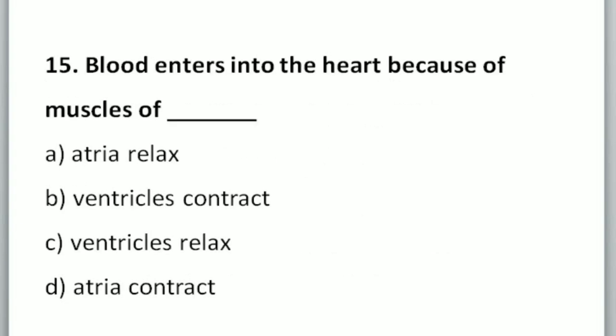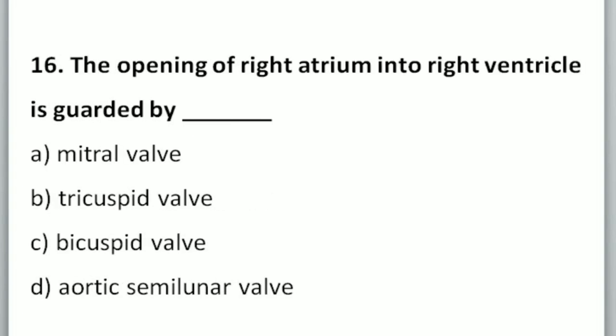15. Blood enters into the heart because of muscles of underscore. A. Atria relax. B. Ventricles contract. C. Ventricles relax. D. Atria contract. Answer: A. Atria relax. 16. The opening of right atrium into right ventricle is guarded by underscore. A. Mitral valve. B. Tricuspid valve.